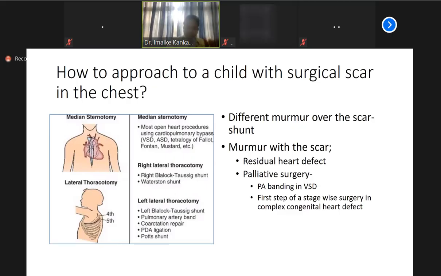So if you get an acyanotic child with a surgical scar and you can hear one murmur, that is probably a residual heart defect or a palliative procedure. If you see a child with cyanosis and an anterior surgical scar, that could well be a stage-wise surgery, where the first stage would have happened. But if the scar is on the back of the scapula, on the left or right side, that will be due to a BT shunt.